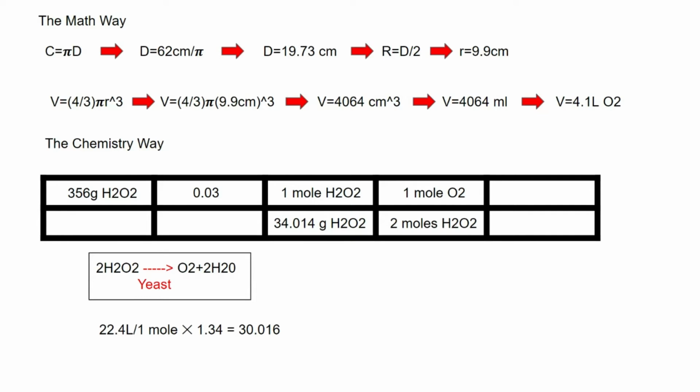And since this experiment was performed at 8,800 feet, instead of just using the molar volume of gas, which is 22.4 liters per mole, I had to use a correctional factor of 1.34, which turns out to be about 30.016 liters of O2 per 1 mole of O2.